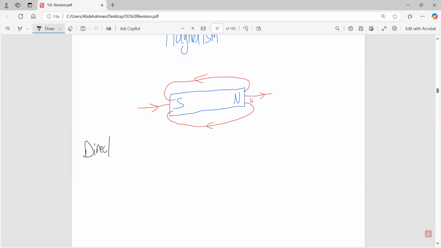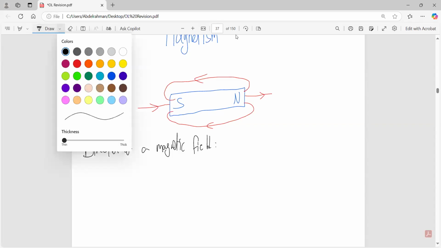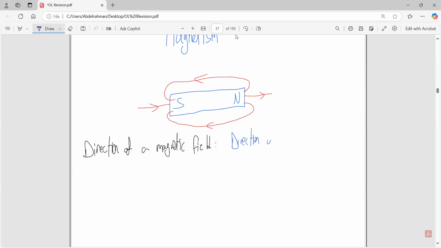The direction of a magnetic field is the direction of the force on a north pole of a magnet inside the field.